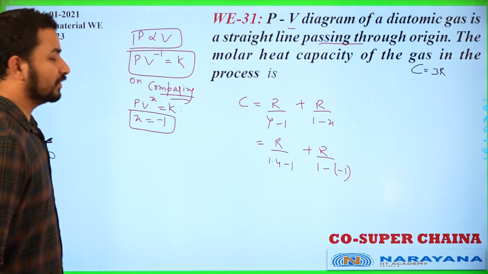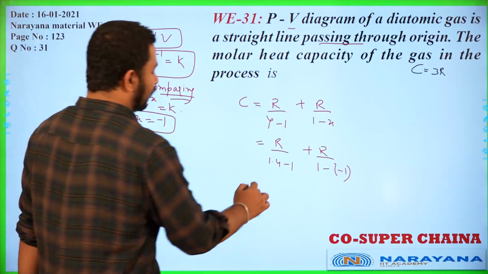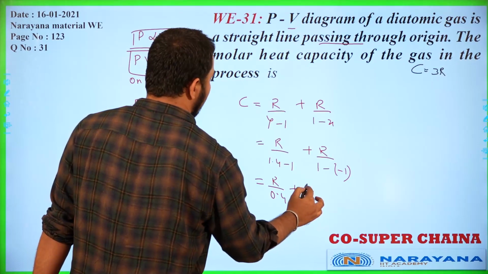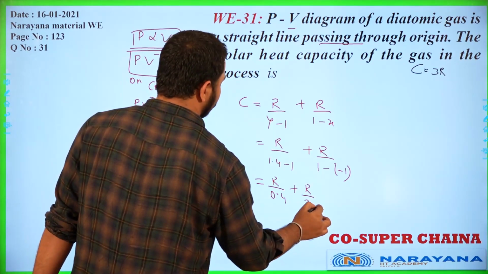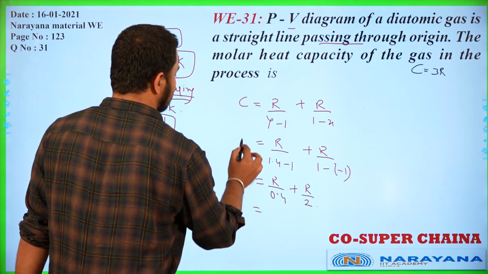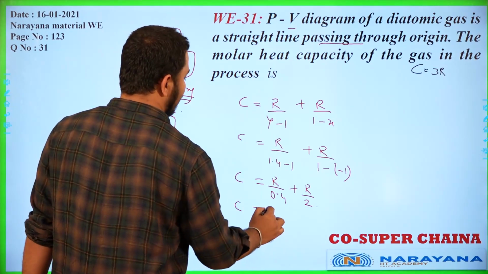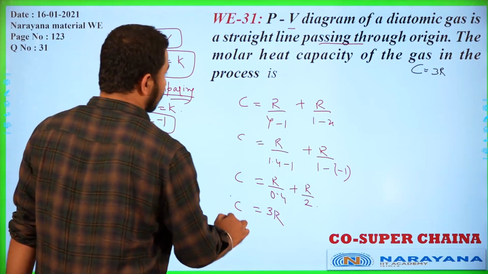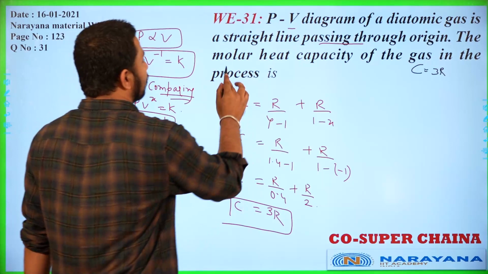So what will you get? We will get R by 0.4 plus R by 2. Simplifying this, we get C as 3R. So this C equals 3R is the required answer.